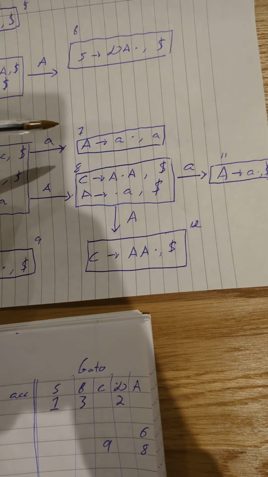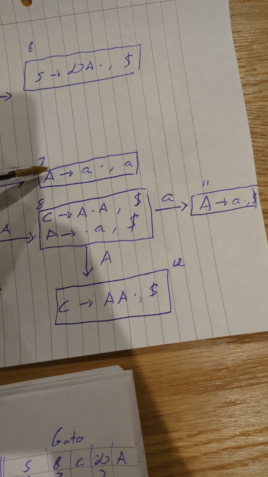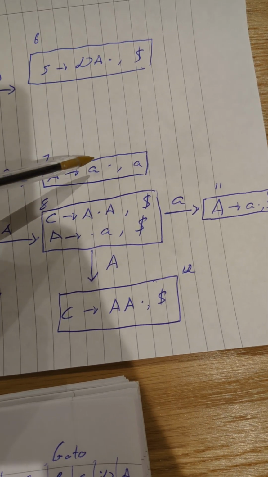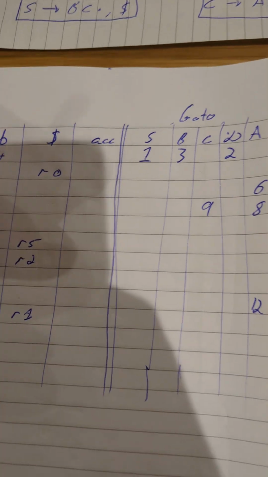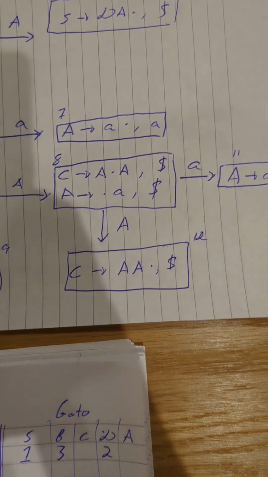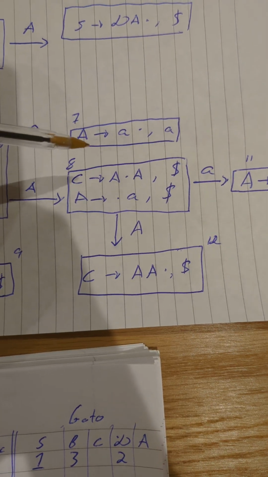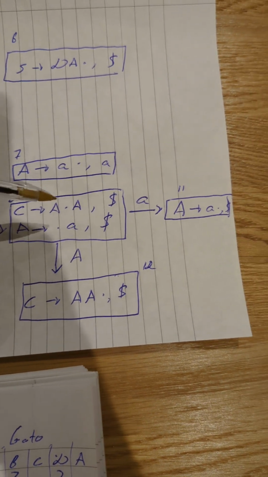If we're in state 7 and we get an a, then we apply rule 5. So 7 a, rule 5. In state 8, nothing to do here because there's no dot at the end.